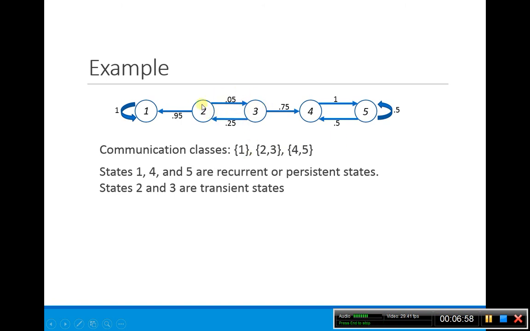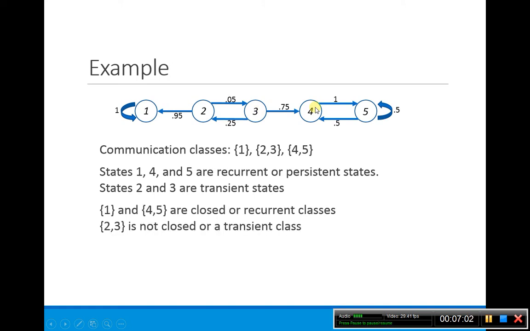Transient means there's a possibility that I'm going to leave and never come back. In this example, 1, and 4 and 5, are closed because once I'm in those states, I can never get out. And 2 and 3 are transient.